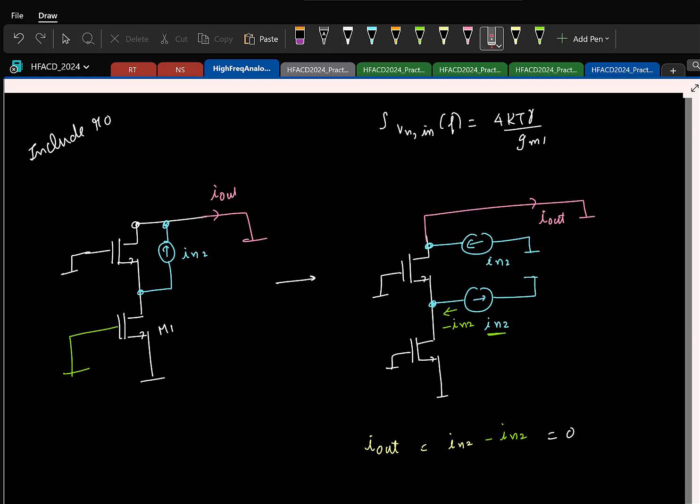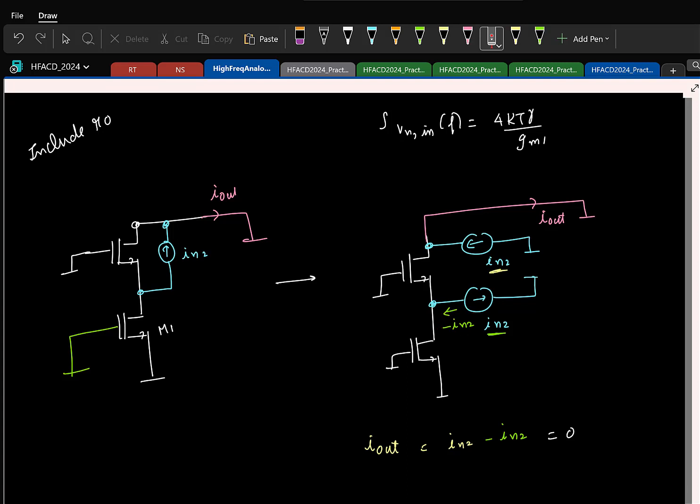If I consider R0, again I'll have two current sources, this guy. So how much of IN2 will flow to the I out if I include R0? Entire thing will flow, that is directly connected to the short circuit. So this guy is fine. So only the second current source. So here I have minus IN2.